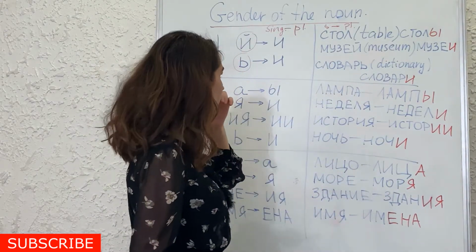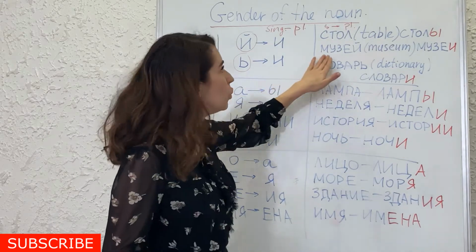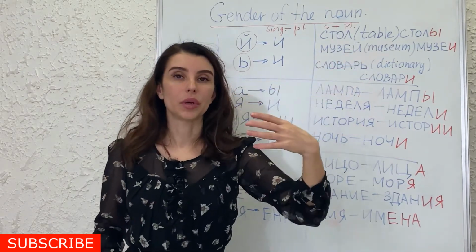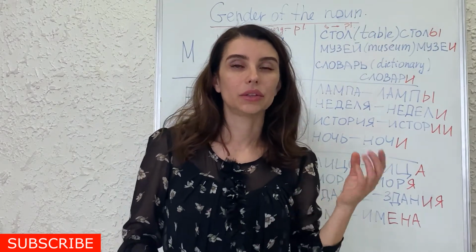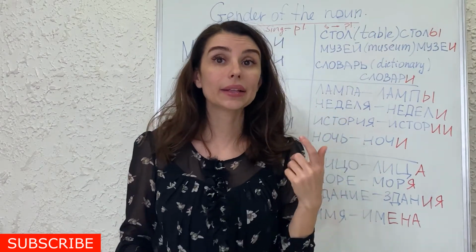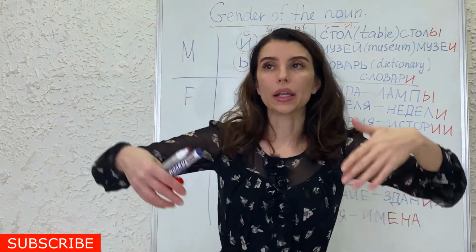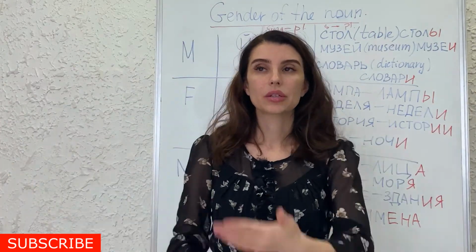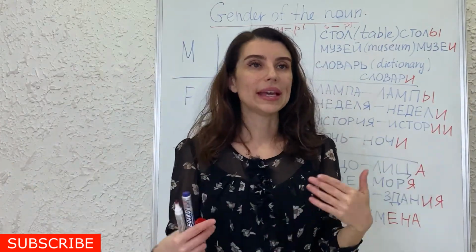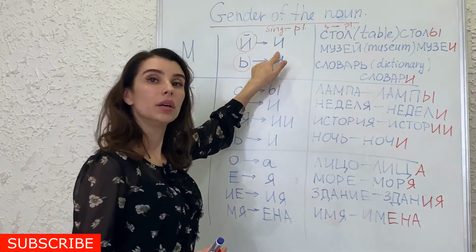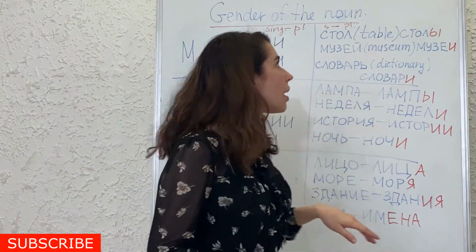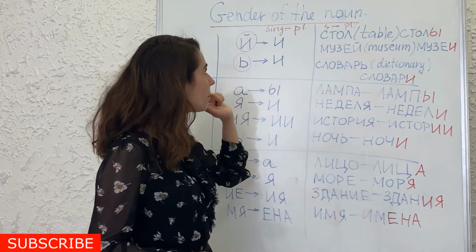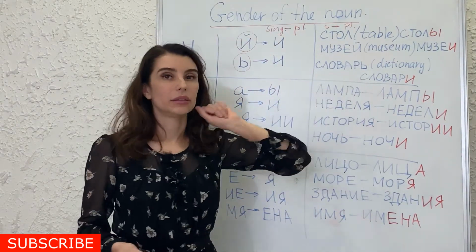For example, музей, like museum. You see й at the end. To say a lot of museums, you can see музеи. But for example, словарь.